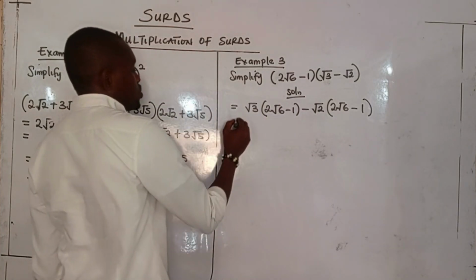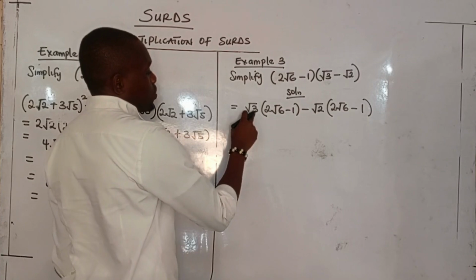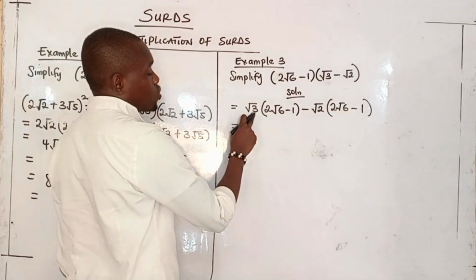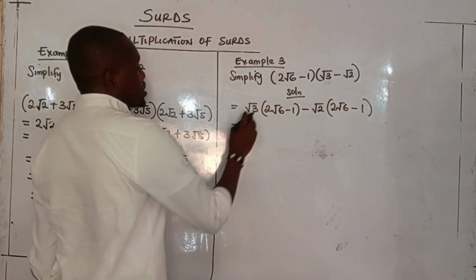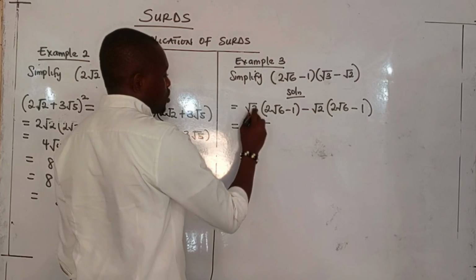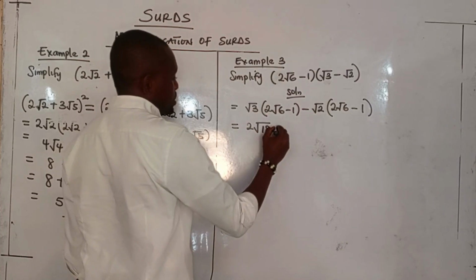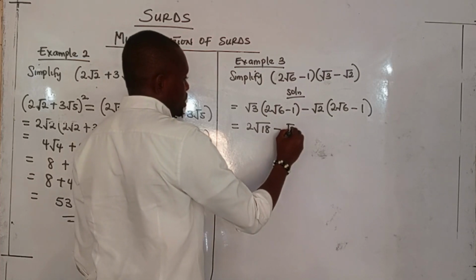So by the time we open up the brackets now, here we have the 3 under the square root sign, the 6 is under the square root sign, so the two of them can multiply. So here we are going to have 2 root of 3 times 6 is what? Is 18, minus root 3 times 1 will give us root 3.